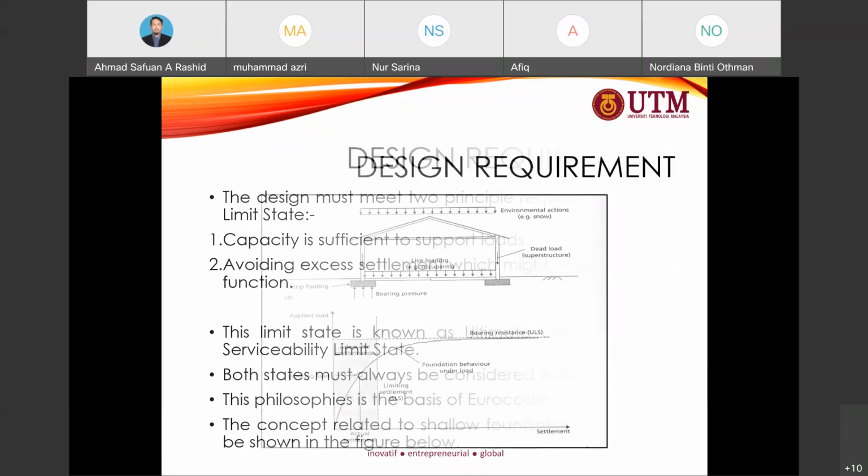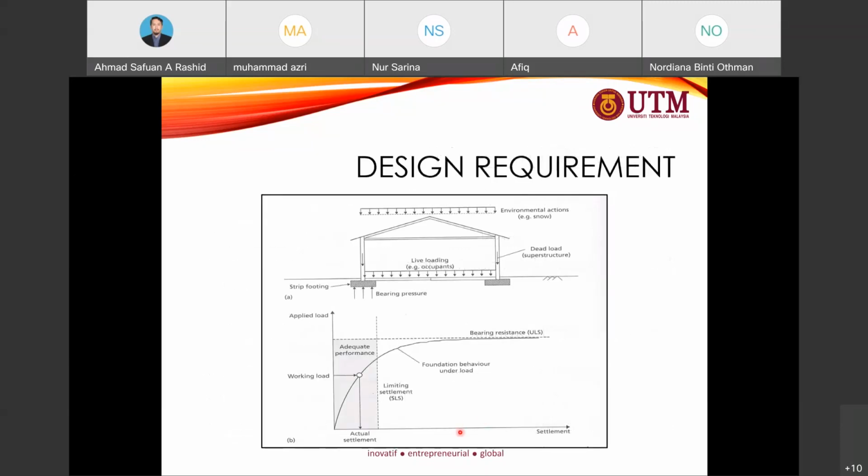So this is the condition if we apply a superstructure on the top of the ground. There will be two effects, either from the environment action.